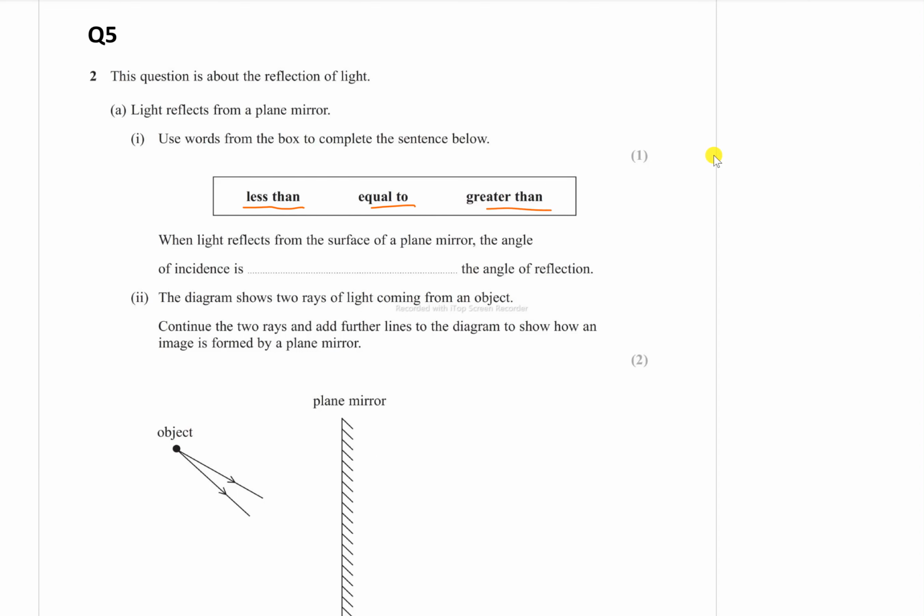When light reflects from the surface of a plane mirror, the angle of incidence is less than, equal to, greater than the angle of reflection. Now, what does that mean? Look here, this is what they're trying to say. There's your mirror.